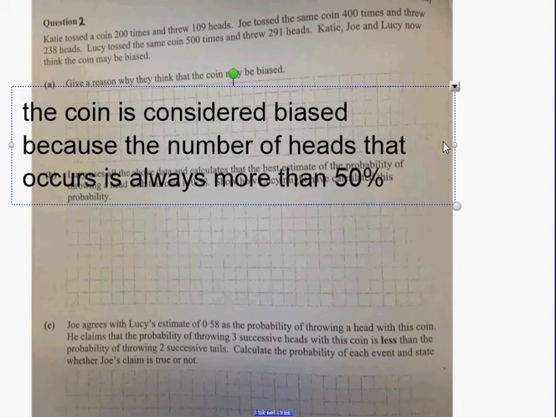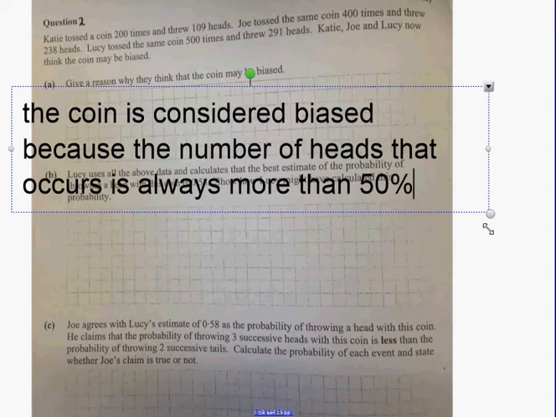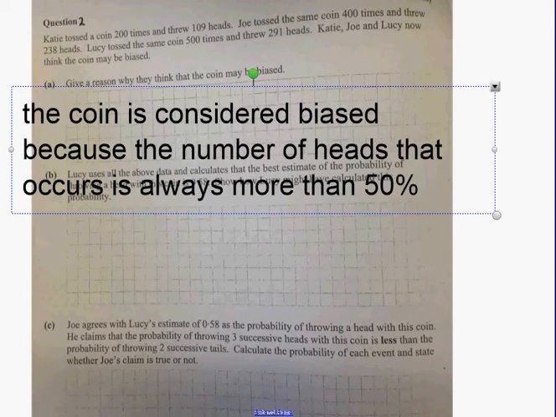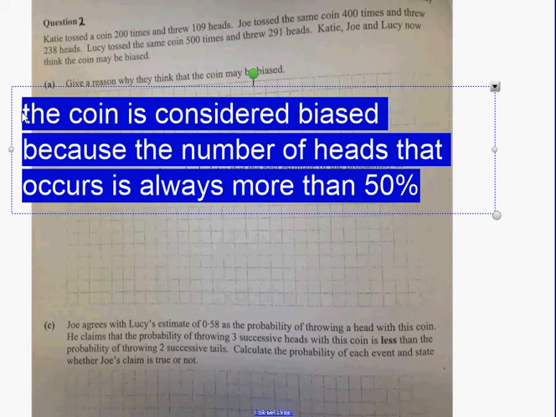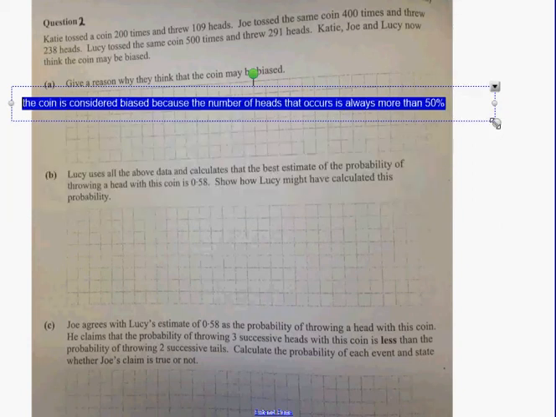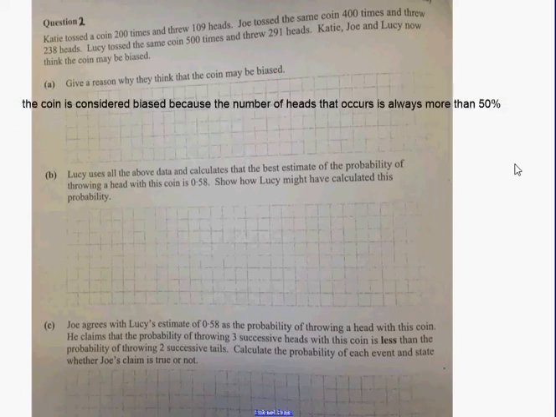Would everybody agree with that? Yeah. Over half of them are always more than 50. Okay, so it's interesting. So that's your answer there. Are we happy enough with that?